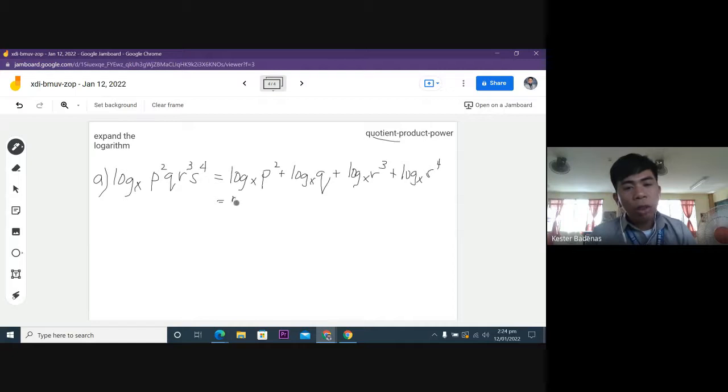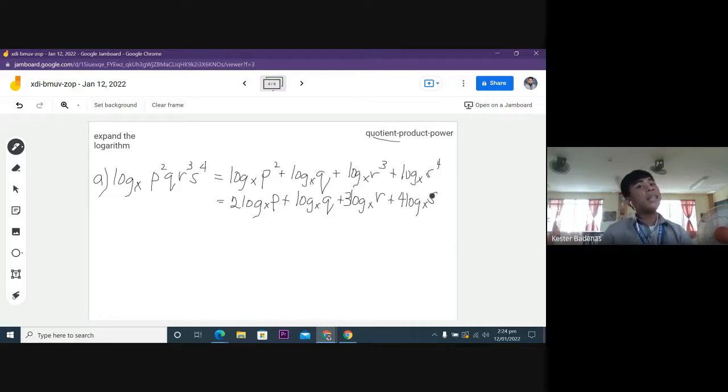So we have 2 log p with a base x plus log q with a base x plus 3 log r with a base x plus 4 log s with a base x.